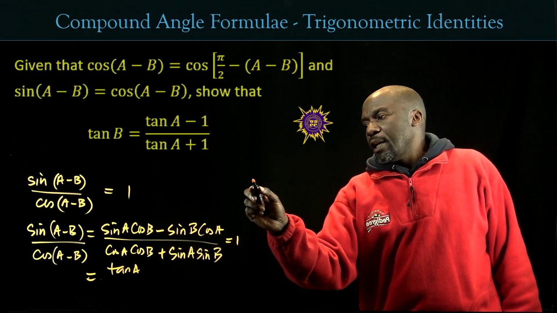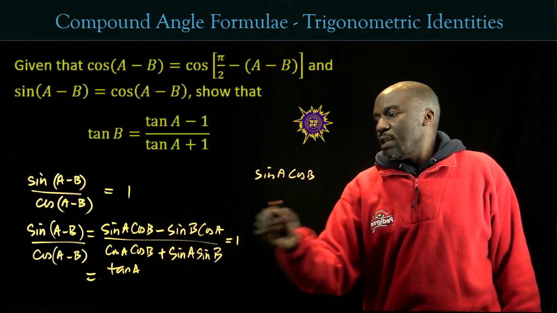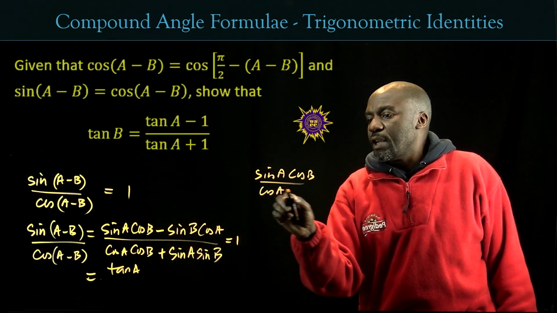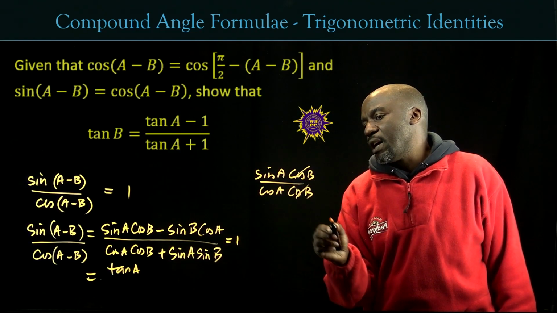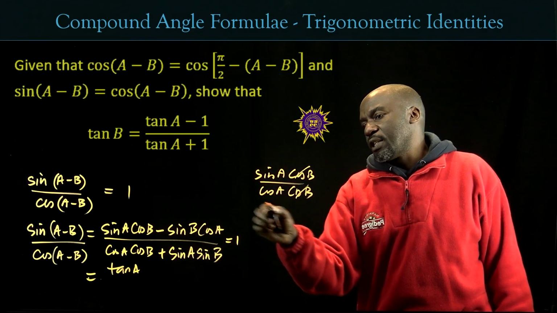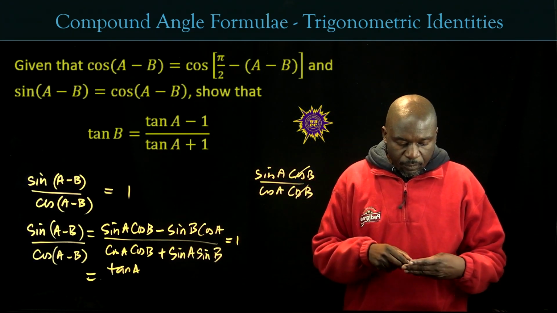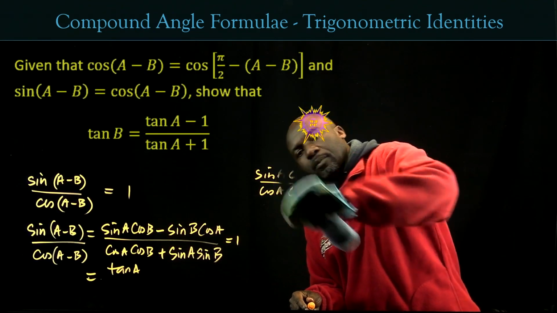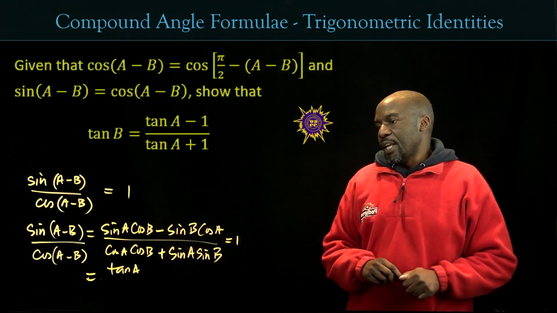Sine A cos B, if we divide by cos A cos B, the cos B cancels, and I have sine A over cos A, which is tan of A, and that's why I have tan of A there.